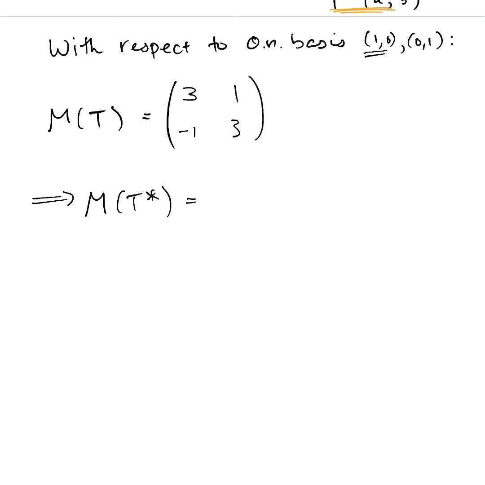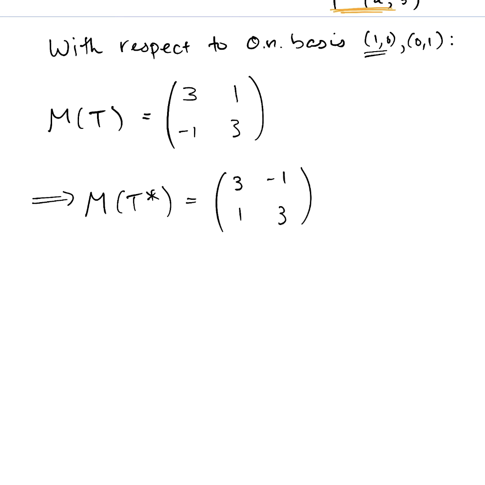This is happening in R2. So really, just transpose. And if you take the transpose of that matrix, that means switch who's playing the role of rows and columns. So first row used to be 3, 1. So now first column, 3, 1. Second row used to be minus 1, 3. So now second column, minus 1, 3.